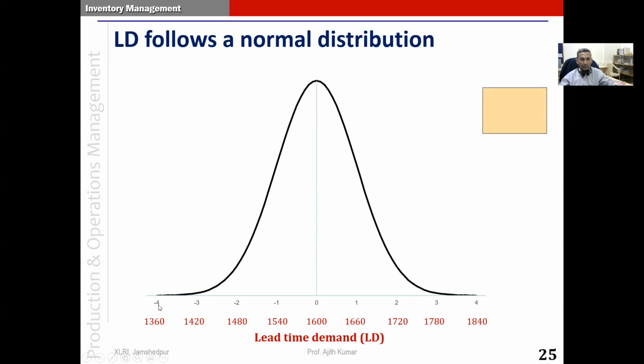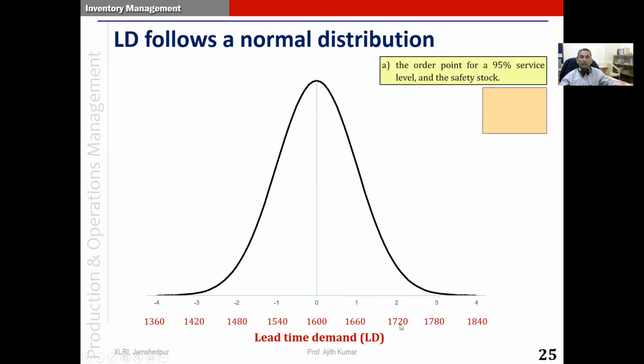You can see that here I've also indicated the Z values. You know what Z means? Z is the number of standard deviations that a given value is away from the mean of the distribution. So on the right side, you have Z equal to 1, 2, 3, 4, and so on. On the left side, you have the negative values -1, -2, -3, -4, and so on.